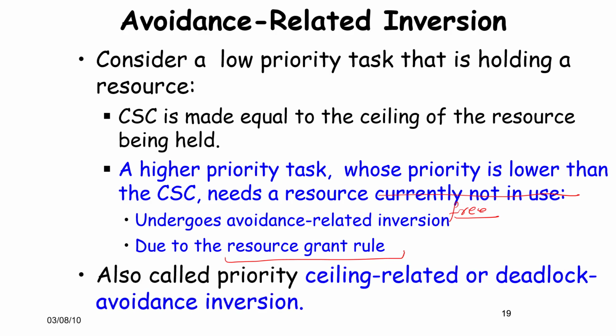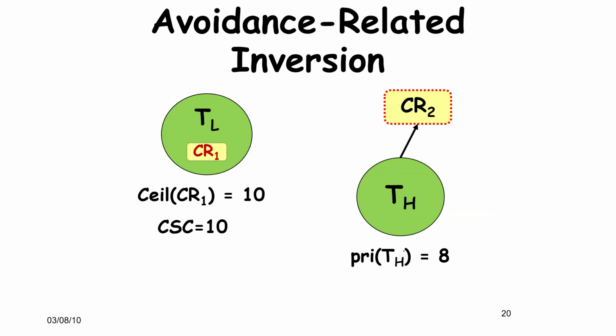All right, so this is also called priority ceiling related or deadlock avoidance inversion, as we shall see when we look more into this kind of inversion. We will use avoidance related inversion, but different names mean the same thing. So avoidance related inversion can be shown here. The ceiling priority is set to 10. We have a high priority task with priority 8 that does not get access.